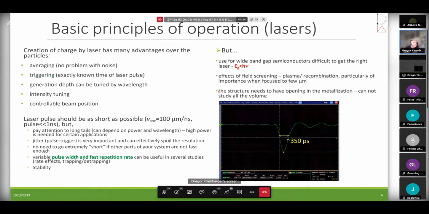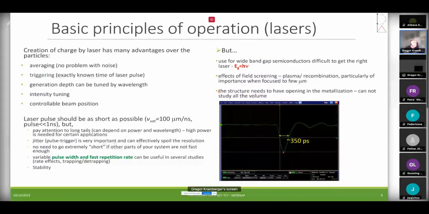That is particularly true if you're looking at some very cold operation. So lasers look very promising and have a lot of advantages over particles, but you should not forget that if you use wide bandgap semiconductors, for example diamond, it's very difficult to get a laser that has enough photon energy.